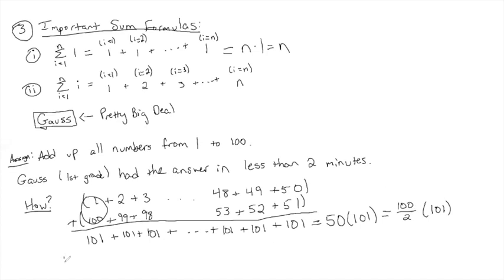So in general, the formula n times n plus 1 over 2 works. So this thing is equal to n times n plus 1 over 2. And a first grader figured that out, which is pretty cool, if you ask me.